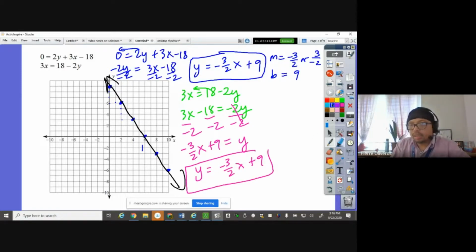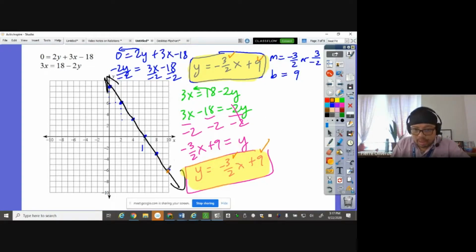If you notice, this equation and that equation are perfectly the same. The slope is negative 3 halves, negative 3 halves. The y-intercept is 9, the y-intercept is 9.